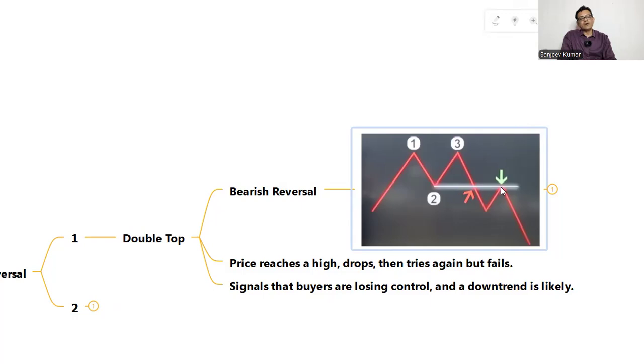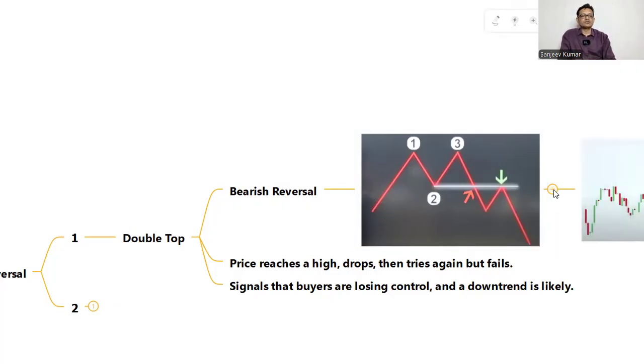But if share price moves down from this place, from the neckline, not exactly on the neckline, sometimes it will go 1%, 2%, 3% higher from this place, and if it goes down, definitely this is the strong indication of bearish reversal. It means the trend is changing from uptrend to downtrend.